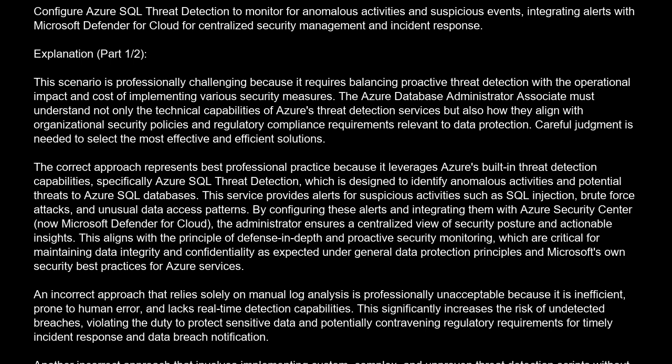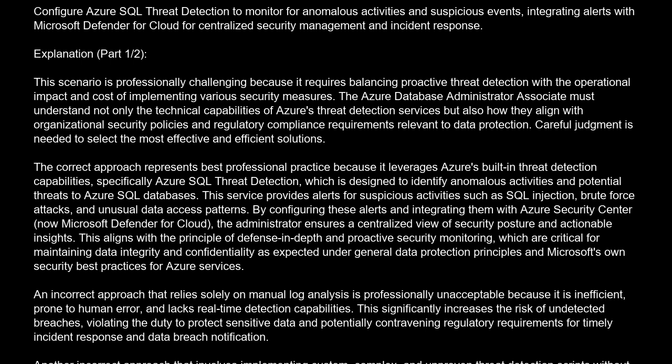By configuring these alerts and integrating them with Azure Security Center, now Microsoft Defender for Cloud, the administrator ensures a centralized view of security posture and actionable insights. This aligns with the principle of defense in depth and proactive security monitoring, which are critical for maintaining data integrity and confidentiality, as expected under general data protection principles and Microsoft's own security best practices for Azure services.